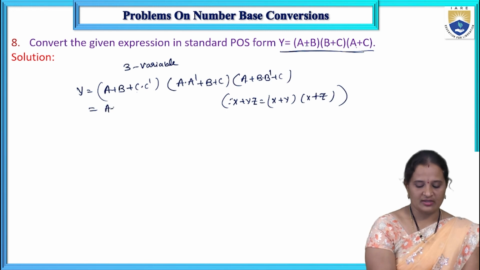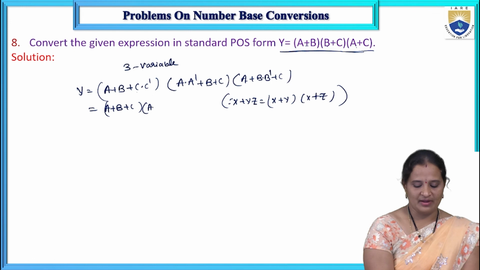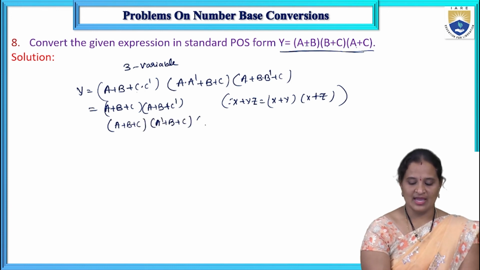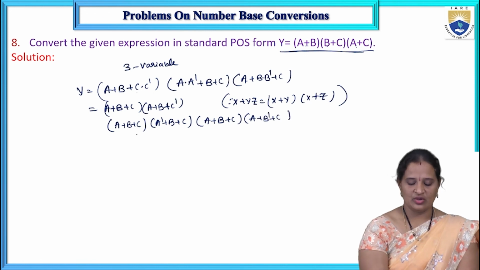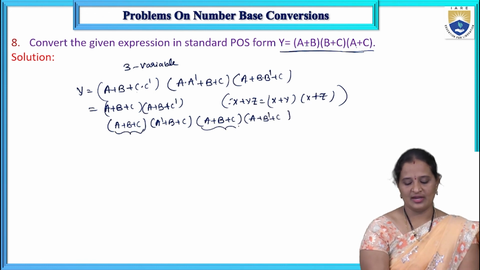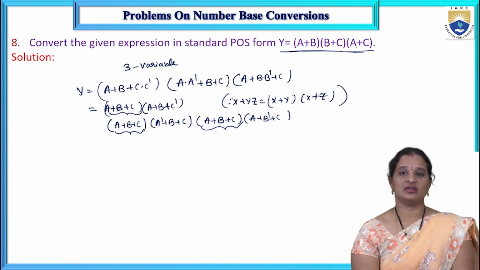So now I can write this as A plus B plus C into A plus B plus C complement. Now similarly A plus B plus C into A complement plus B plus C, and similarly A plus B plus C into A plus B complement plus C. Now avoid the redundant terms, that means repeated terms, if any.